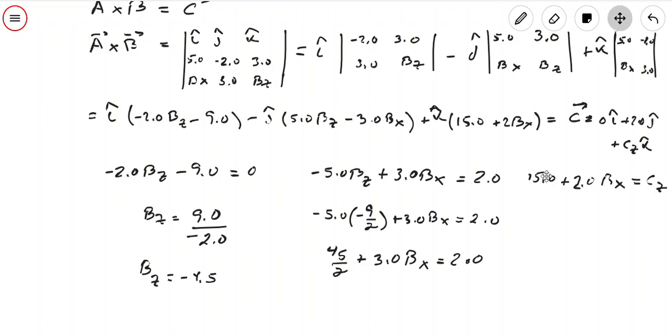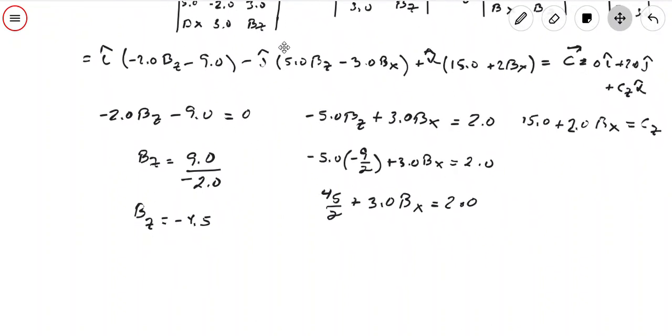So now I will be subtracting 45 over 2 from both sides, right? So I will get here the 3.0 Bx is 2.0 minus 45 over 2. Let me double check something here with a sign.